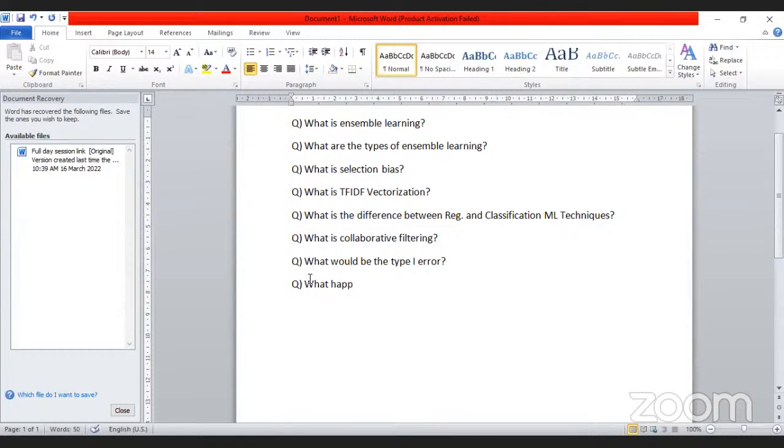What happens to the confidence interval when we introduce some outliers to the data?